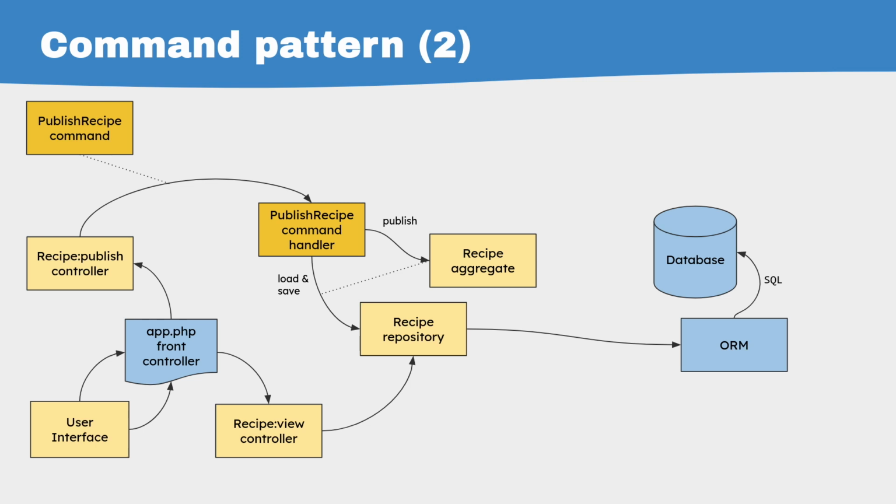And now our publish controller just calls the command handler with a publish recipe command saying, hey, I want to publish this. The user has, via HTTP, said that they want to publish this recipe. And then this command handler can do the rest of the stuff. And one advantage of this is that we can also add a console command, which calls the same command handler with a similar command.